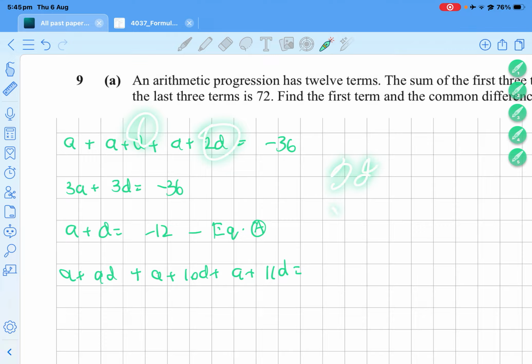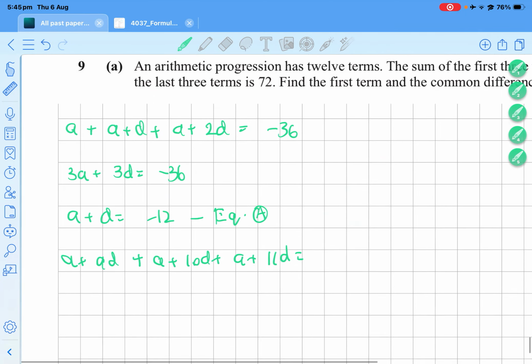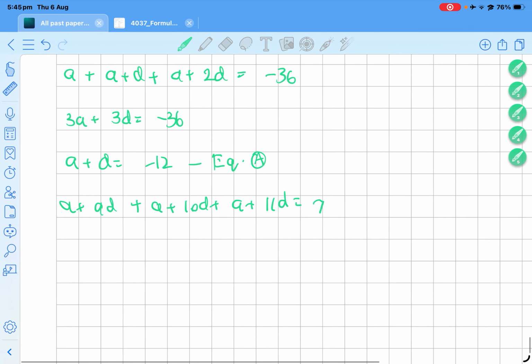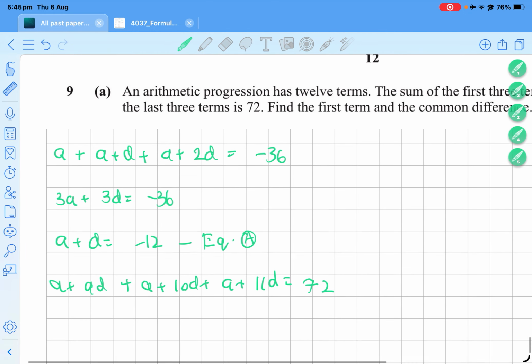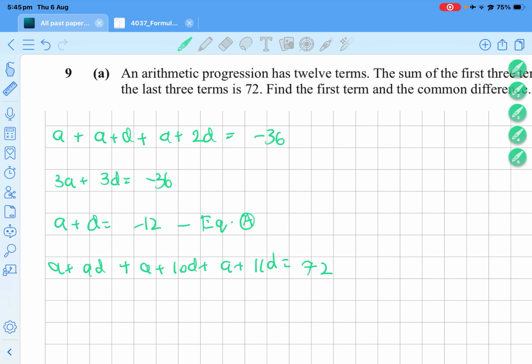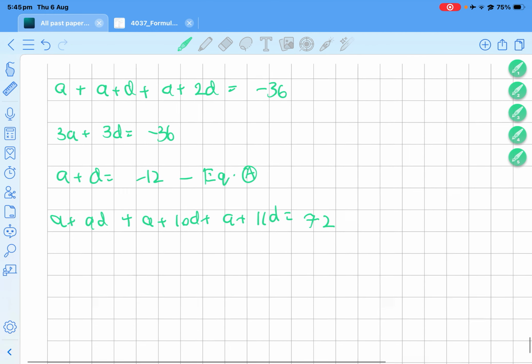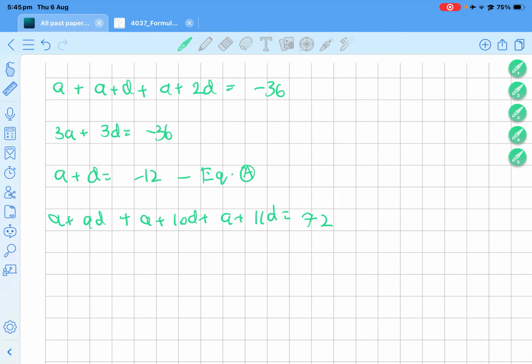Fifth, 4d. Sixth, 5d, and so on. So this will be 72. This time we have 3a, and then 9 plus 10 plus 11 is 30d. So this is all equal to 72.